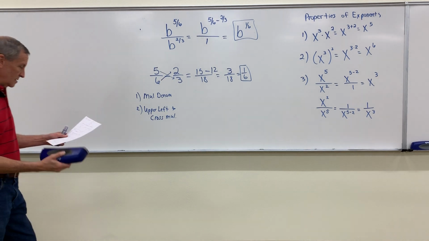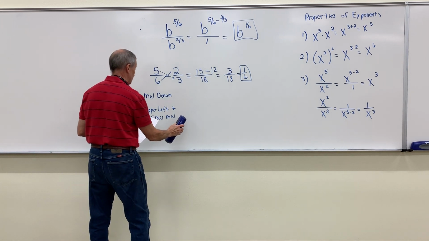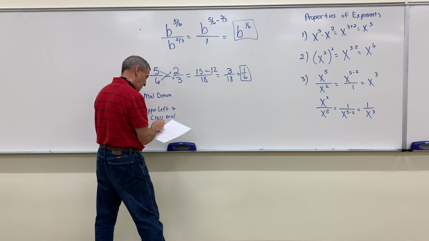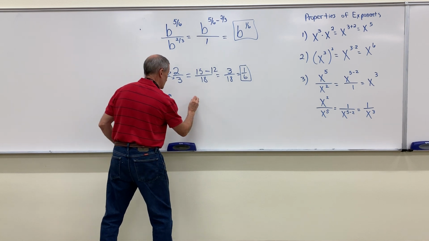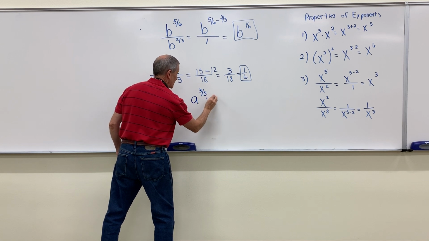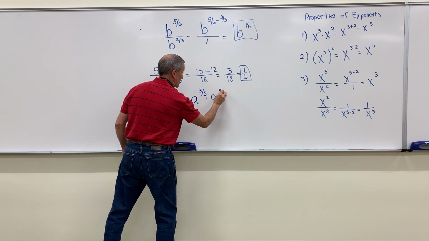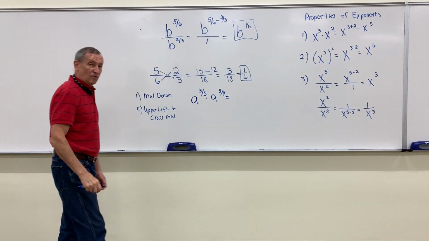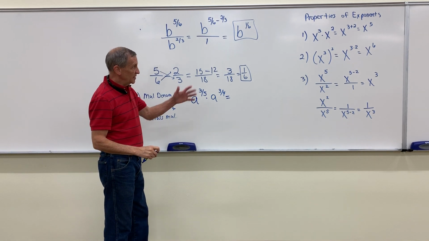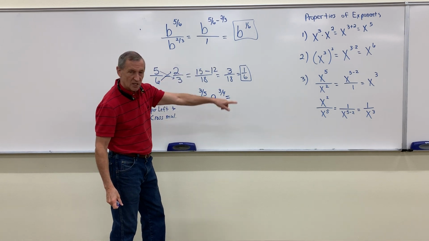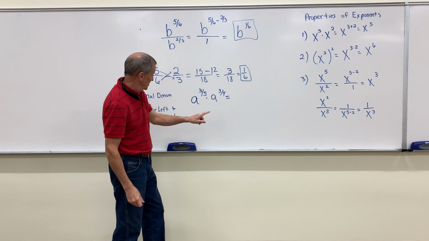Let's try another. A to the 3/5 times A to the 3/4. This again is a Hawks problem. Now, hopefully experience and familiarity is going to allow you to look at this and go, hey, that's just like, which one?